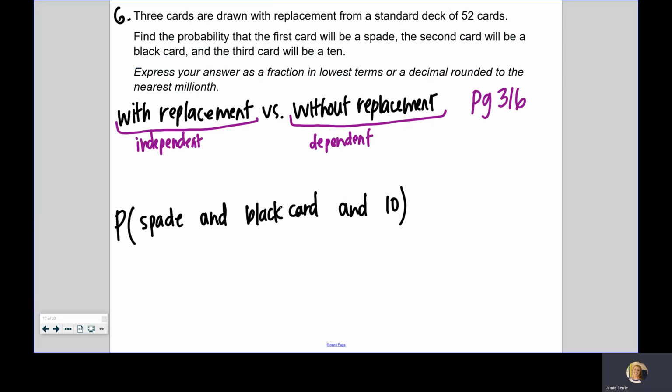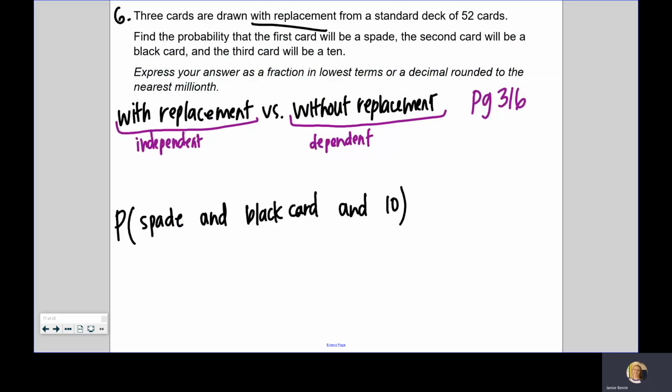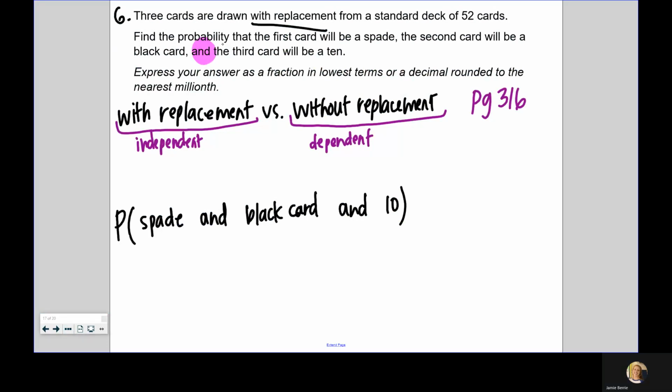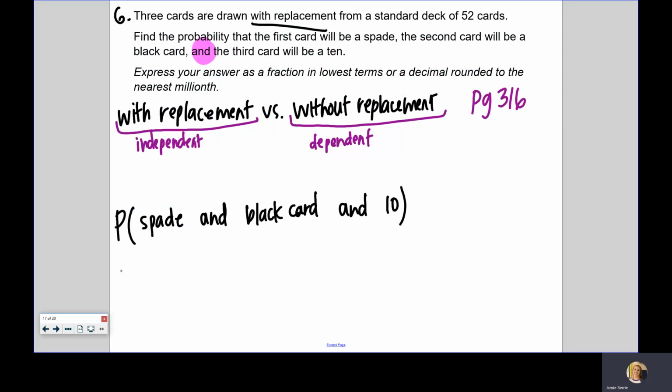So first we choose a spade, and then we choose a black card, and then we choose a 10. Since we're choosing these cards with replacement, we know that these are going to be independent events. That tells us that we can go ahead and multiply the probabilities of these events. And right here is where we see that keyword and. So that tells us we're using the multiplication rule.